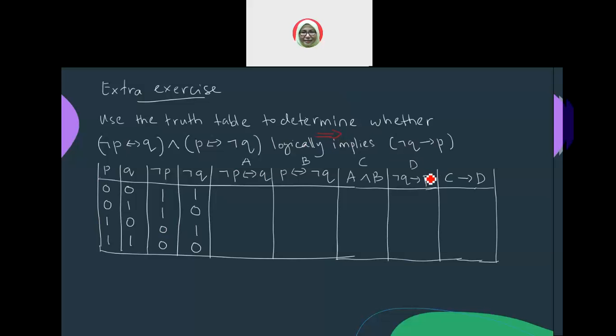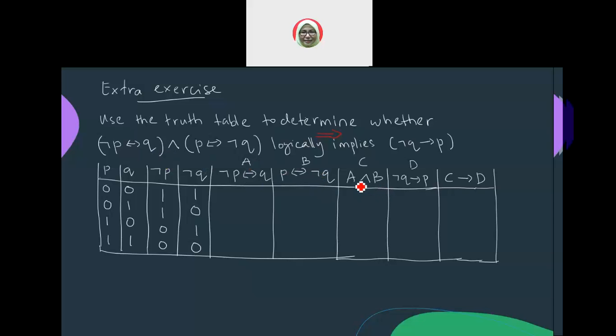Let's construct the truth table. Here we have two simple statements, P and Q. We just put here P, Q. Then we have not P and not Q, and the first statement, not P biconditional Q, and the second one, P biconditional not Q. After that you combine them, just name them as A and B, otherwise it's too long.